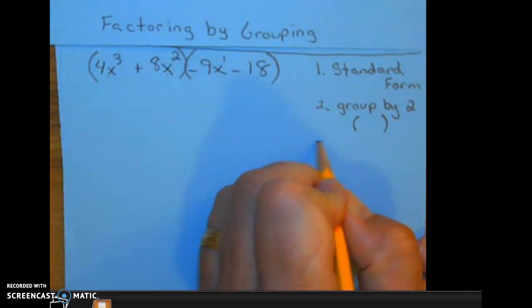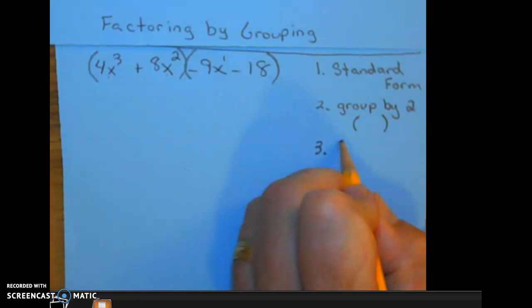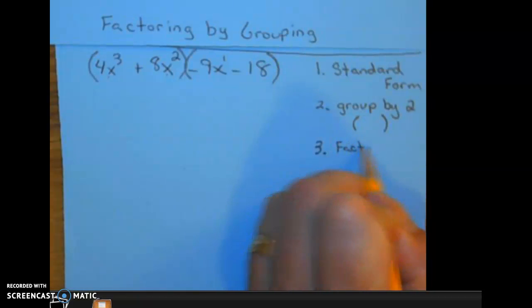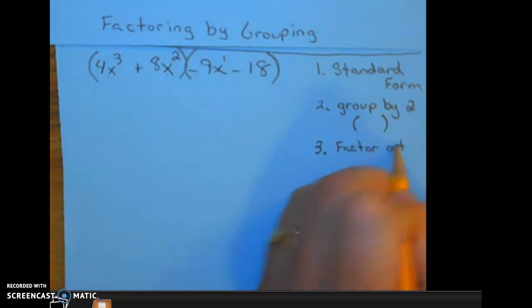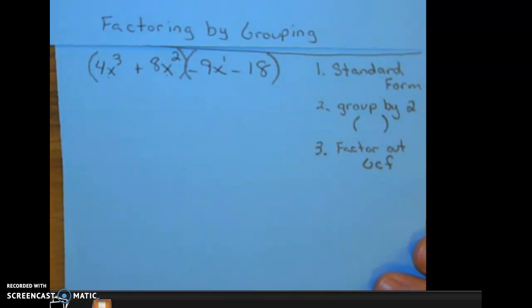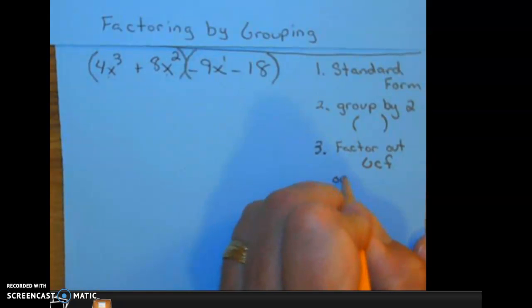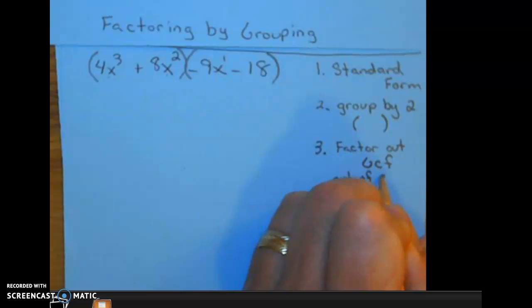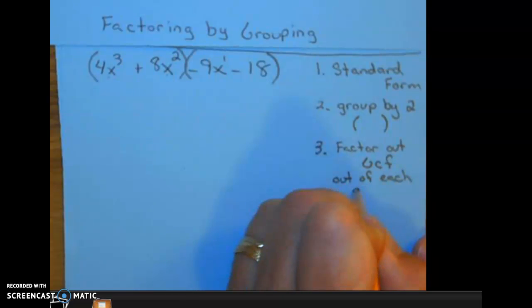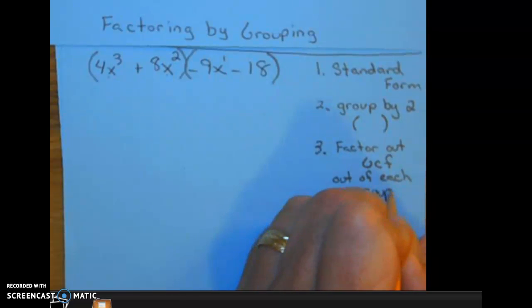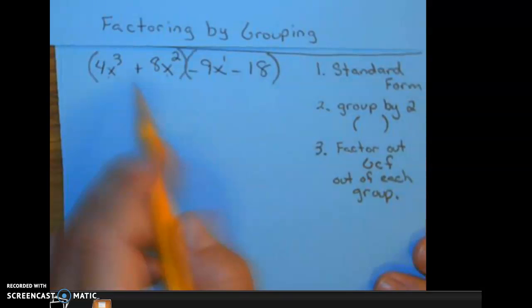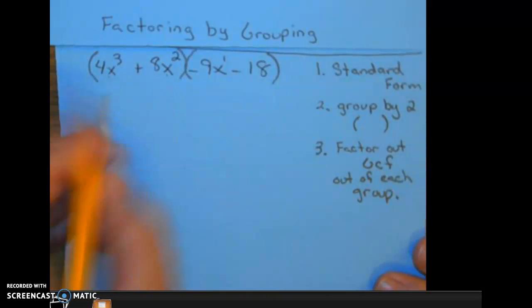Now, third, we're going to factor out a GCF, greatest common factor, out of each group. When we look at these two, start with the number.